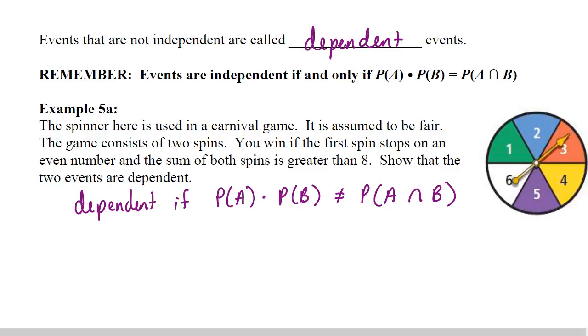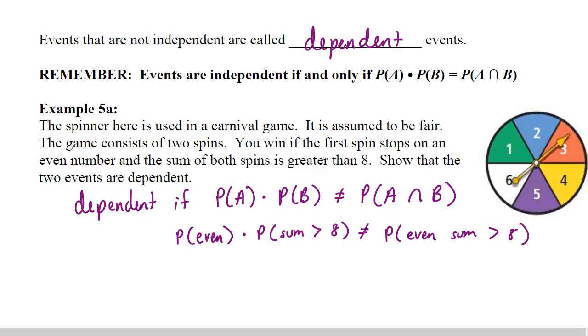So how does that apply to this story problem? Well, we can say that event A is the probability of getting an even number on our spin, and event B can be getting the sum greater than 8. We want to see that multiplying those 2 probabilities together is not going to be equal to having an even first spin and a sum greater than 8.